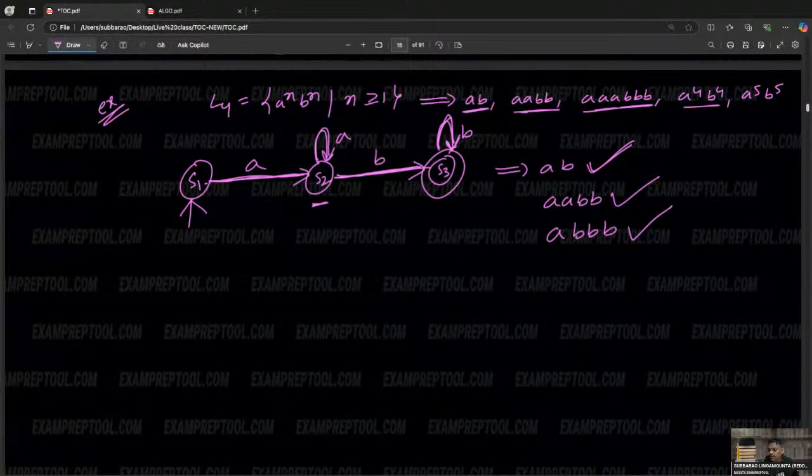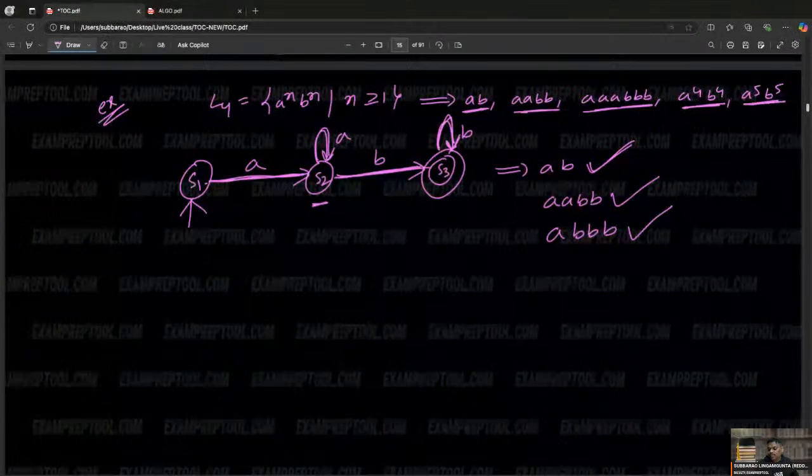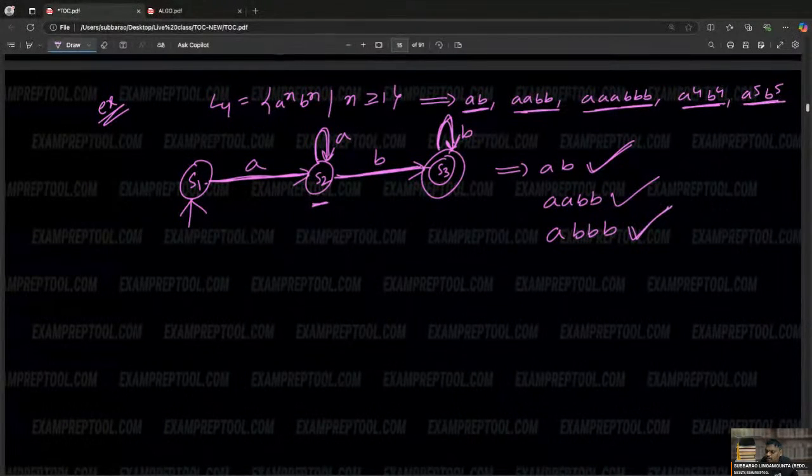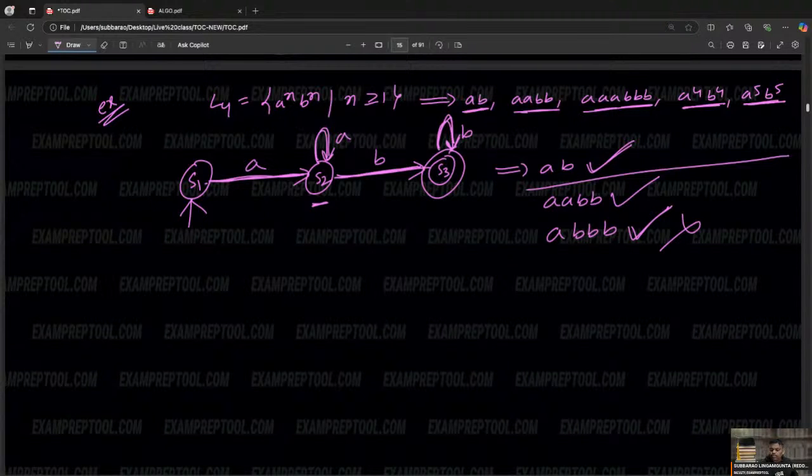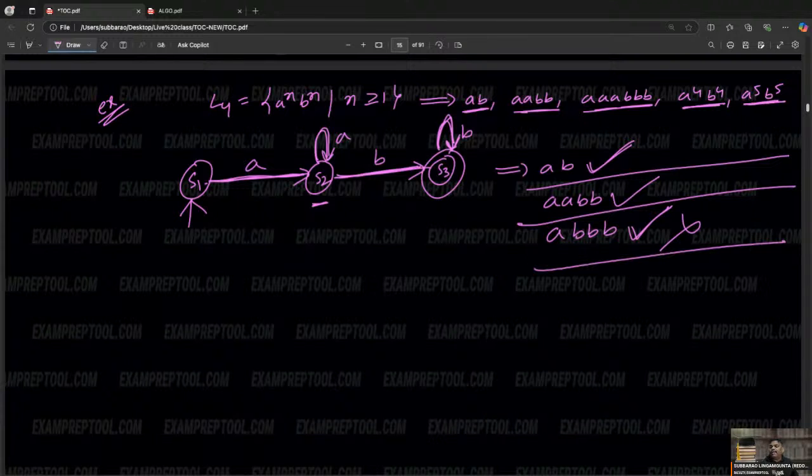According to our language, the number of A's is equal to the number of B's. It is accepting, but that is wrong. A valid string being accepted is no problem. But this is invalid, and still accepted. An invalid string is being accepted.